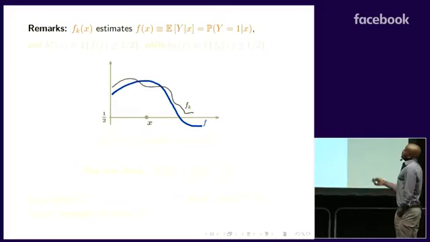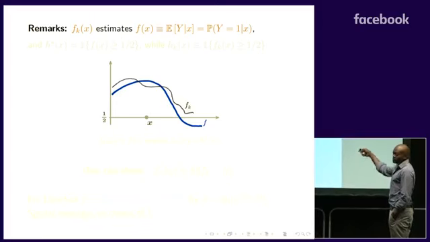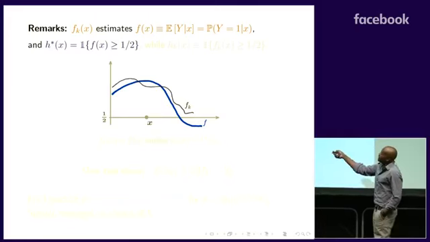Okay. First, let's understand again what f_k estimates, the regression version of the nearest neighbor. f_k is estimating this f of x. f_k of x, remember, is just an average of the nearest neighbors. It's estimating the expectation of y given x. And since y is 0 or 1, the expectation of y given x is just the probability that y is equal to 1 given x. It turns out that the best possible classifier just thresholds this f.